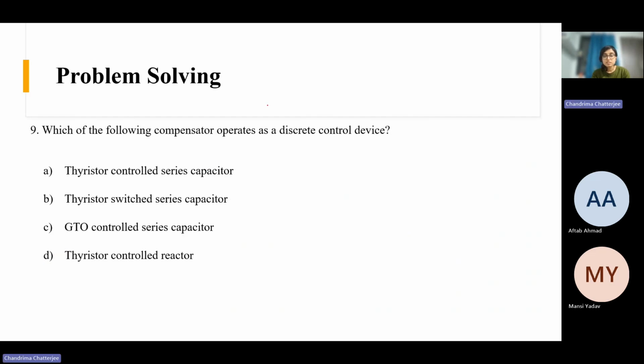So let's see the next question. Which of the following compensator operates as a discrete control device? We already discussed discrete control device means there is no control over the thyristors. The thyristors are either fully on or fully off. So there is either 1 or 0, no in between, no partial conduction.